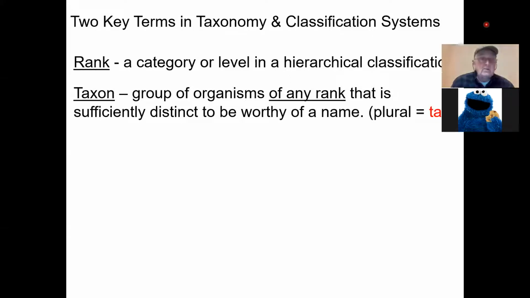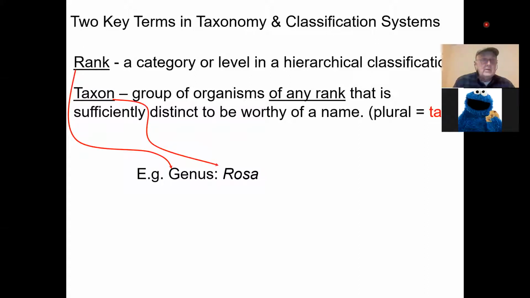Now, these terms, categorical level. Rank: the next slide is going to go into more detail. It's a category level in a hierarchical system of classification. Genus is an example of a rank. Family is too, as the next slide will show.